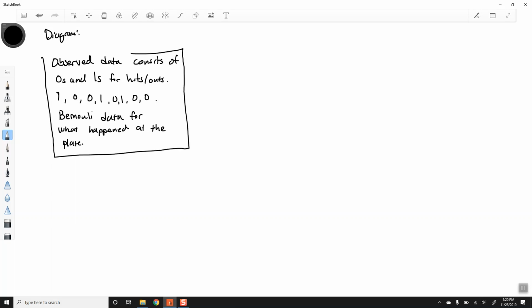This is our observed data, and we say the data comes from a Bernoulli distribution. The Bernoulli distribution generates whether an at-bat was a hit or a miss.